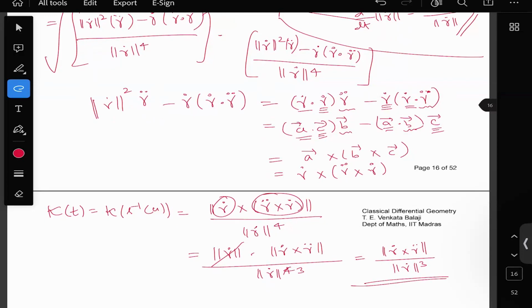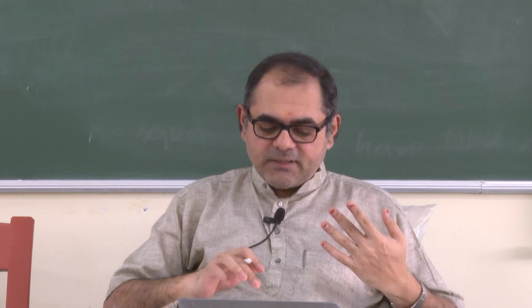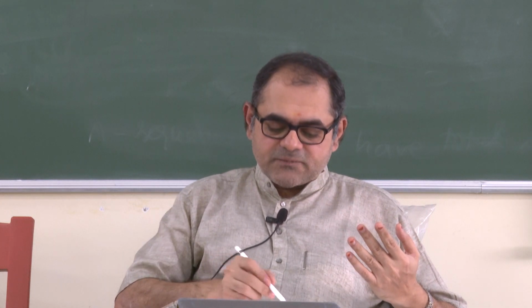And what you must appreciate is that in arriving at this formula you have used the unit speed parameterization, because originally you computed this expression only as the second rate of change of the unit speed reparameterization. It's capital gamma double dot of u. Okay, that's where it is used.